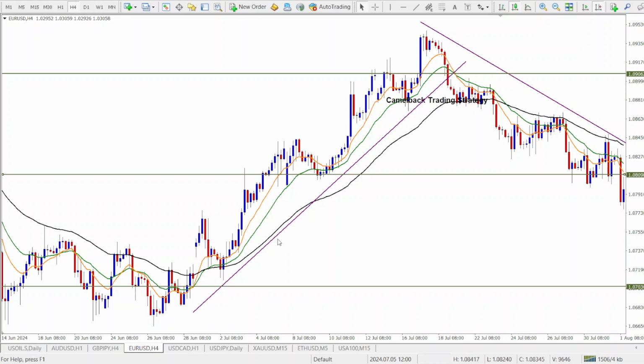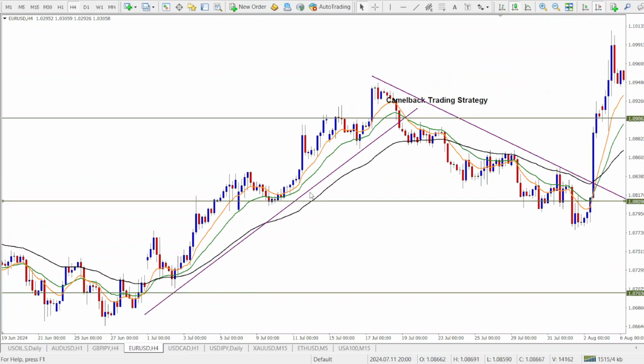However, you will notice that the 50 period moving average reacts slower compared to the 20 and the 10. So you will notice that even in this buy trend, the price hardly pulled back to the 50 period moving average. It was mostly the 10 and the 20.